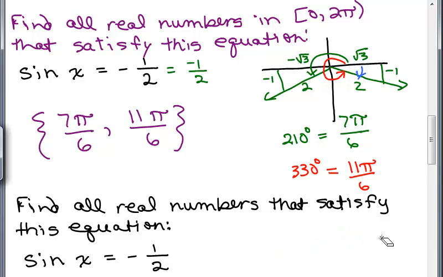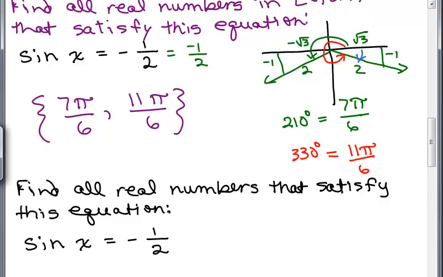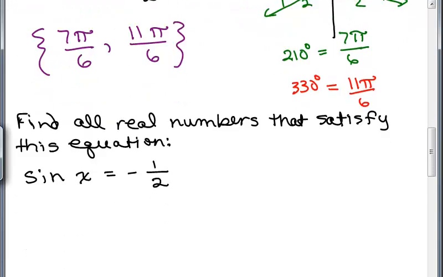So here's the idea. If you want to find all real numbers that satisfy a particular equation, first figure out the ones between 0 and 2 pi. That's what we did in this first question, and it was 7 pi over 6 and 11 pi over 6. We did answer that question. But if we want to find all of them, we have to do all the coterminal angles with that. And how do you do that? You just add 2 pi k, where k is an integer.